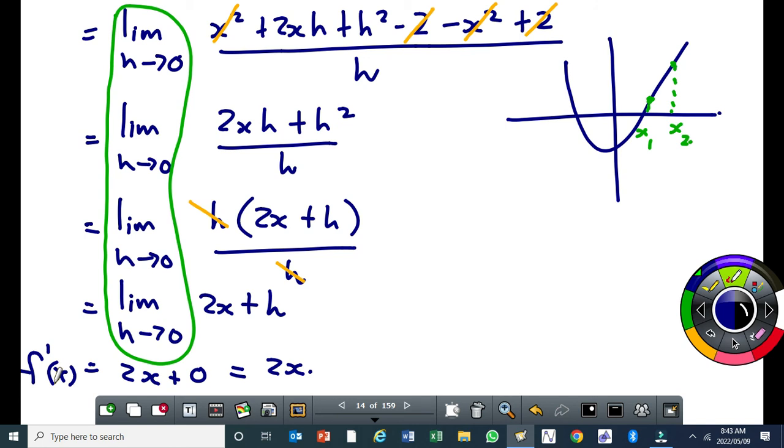By the way, a question like this is usually 5 marks. It always comes in examinations. Every matric paper, the first question on calculus is on the derivative from first principles. It will be 5 marks.